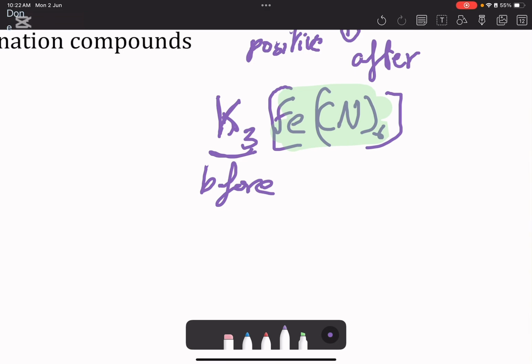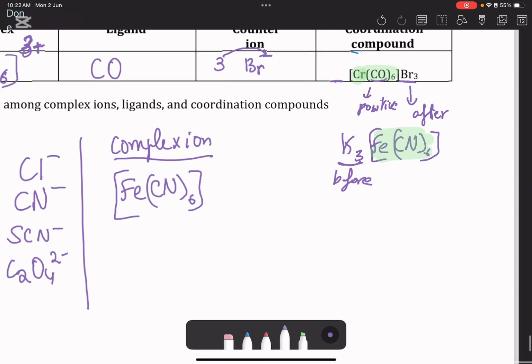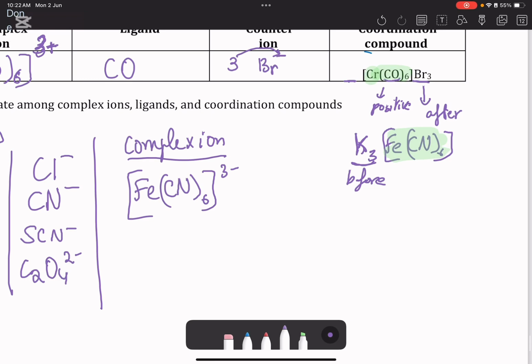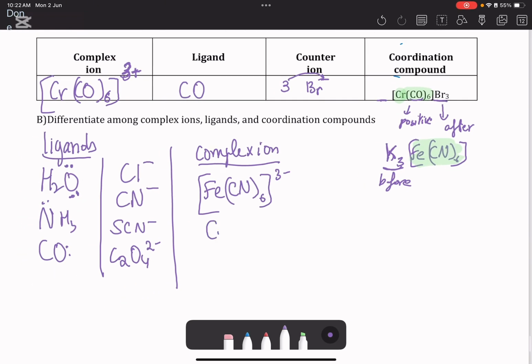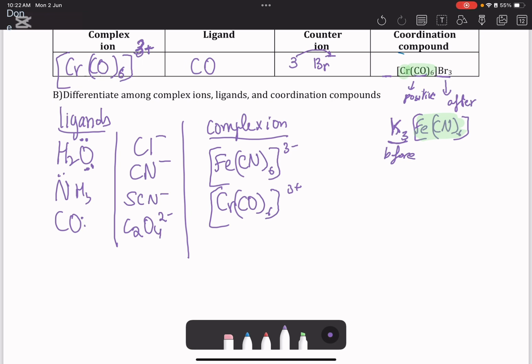I look at the charge of K. K is positive 1 and I have 3 of it. So total 3 plus. So this one is going to be 3 minus. That's a complex ion. Or [Co(...)6], that's another complex ion. They are combined together.